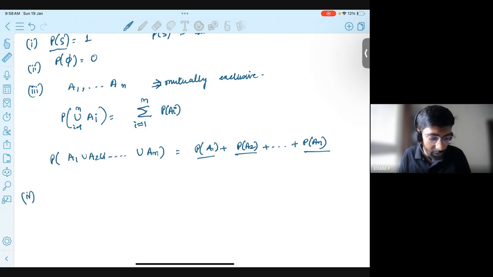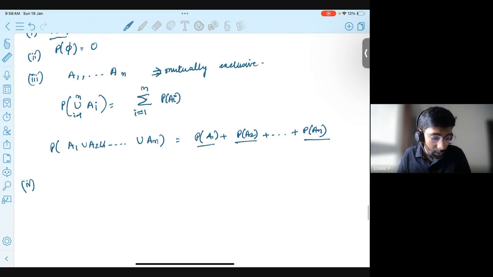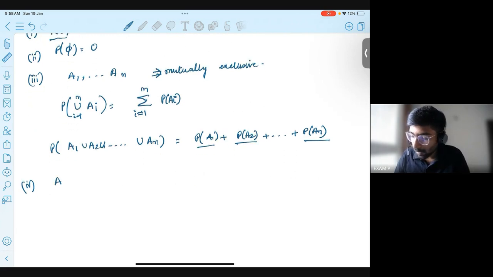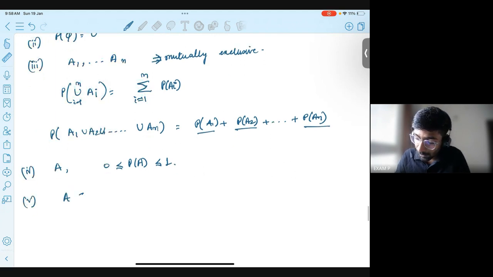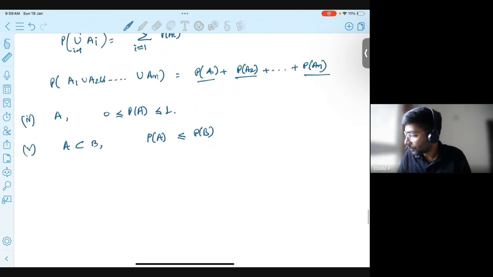Later on, we'll also see how to tackle the common part. Just now, we'll see, okay, for some event A, the probability of that event also lies between 0 and 1. That is okay. Then if A is a sub-event of B, then the probability of A has to be less than or equal to the probability of B, because B is an event which contains more sample points.